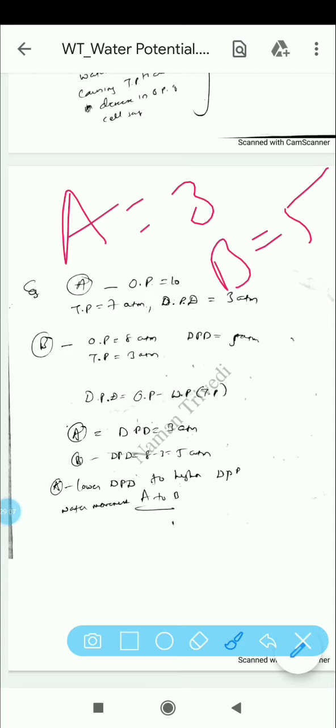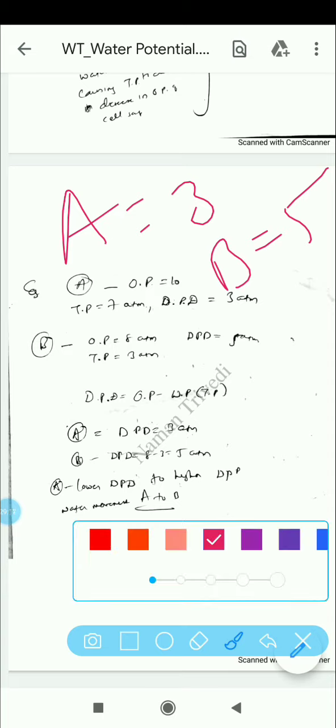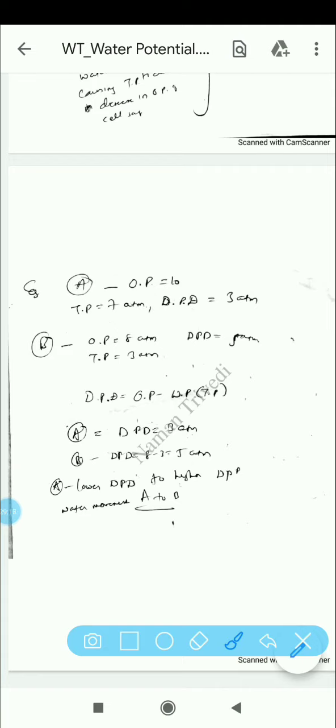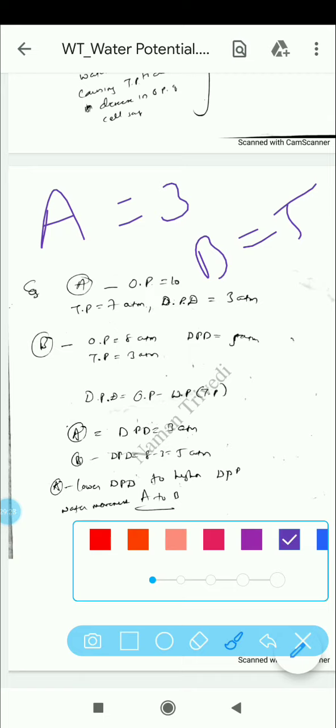Now, water will move from which place to which place? That is our question: from which solution the water movement will happen. As you know, A has 3 and B has 5 as DPD. Water will always move from lower DPD to higher DPD, from lower diffusion pressure deficit to higher DPD.